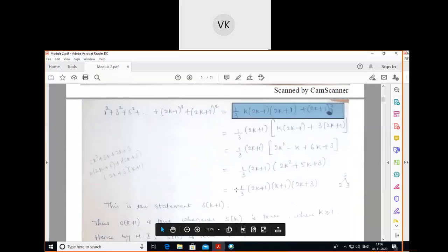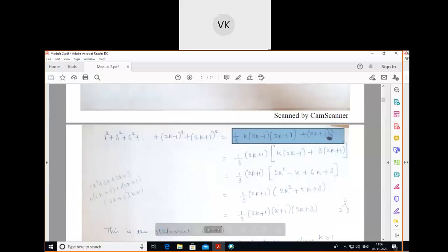Here you see, after simplification we have got 1 by 3, k plus 1, 2k plus 1 and 2k plus 3, correct? In this way we come to know what the result will be after simplification.